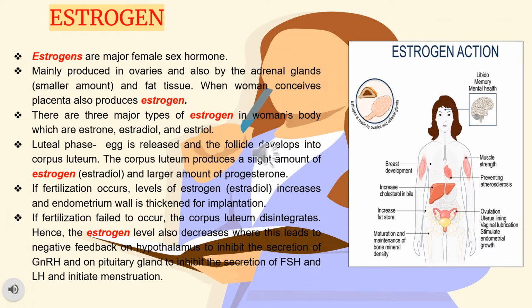Now, if fertilization occurs, estrogen level increases and this helps in thickening of the endometrium wall. From here, we can know that the function of estrogen is to thicken the endometrium wall for implantation.